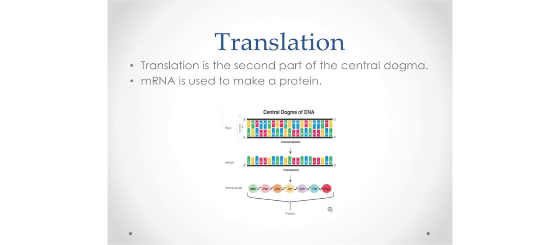The second part of protein synthesis, or the central dogma, is known as translation. So again, a reminder, transcription occurs in the nucleus, and this is where DNA is read, and we make an mRNA sequence. The second process is known as translation. This occurs in what's known as the ribosomes. So the ribosomes are also found in cells, but it's no longer part of the nucleus. And this is now where we take that mRNA sequence.